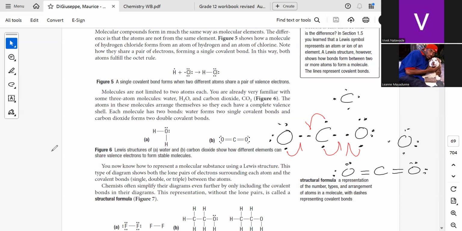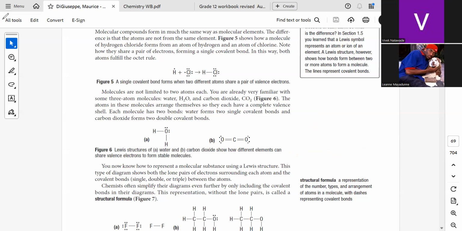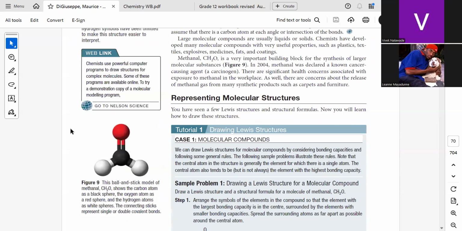Paired ones don't need to form a bond. Am I clear with what I said? Paired or lone pairs don't form bonds. Yes, only unpaired electrons form bonds.